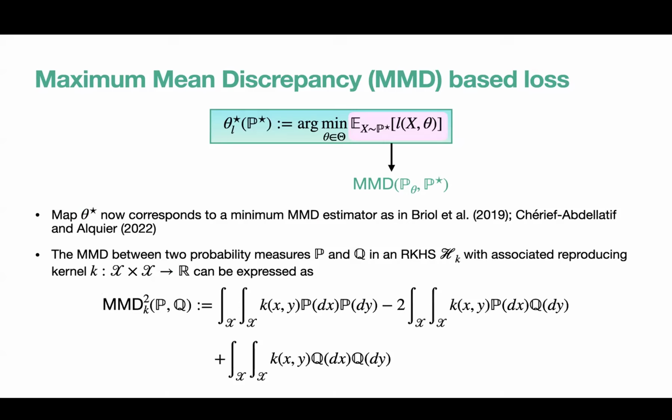So MMD defines a distance by mapping probability measures to a reproducing kernel Hilbert space, to the means of P and Q in the RKHS, and it can be approximated just by sampling from P and Q and approximating this integral. So it's suitable for simulator-based inference, and it already inherits robustness properties of the MMD.